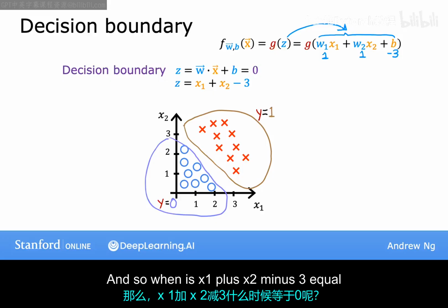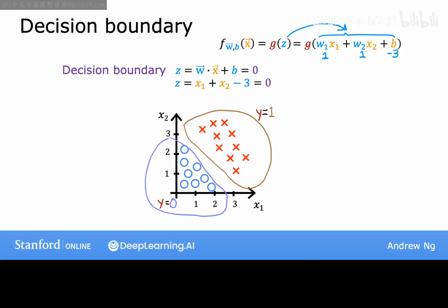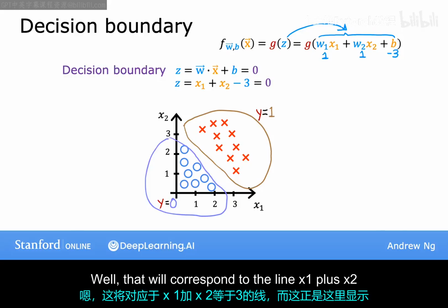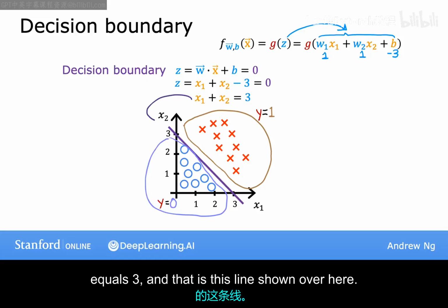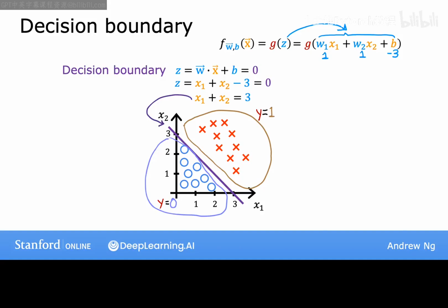And so when is x1 plus x2 minus 3 equal to 0? Well, that will correspond to the line x1 plus x2 equals 3. And that is this line shown over here.